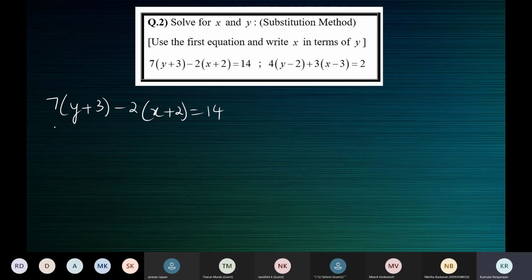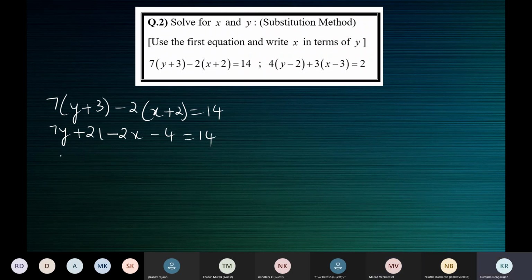Tell me what will we get? Open the brackets. 7y plus 21 minus 2x plus minus 4 is equal to 14. Okay. Further simplify.